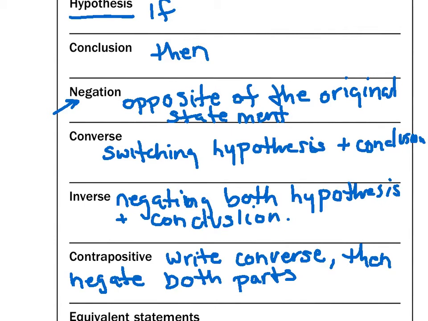I go back to the conditional statement and negate them both, and then I write the contrapositive. Go back to the converse and negate both of them. And that's the only way that I can get these in the right order, because I tend to forget them. So even if a test or a homework paper wants me to just do the inverse, I just go to the side and write all four of them and then move the inverse over.